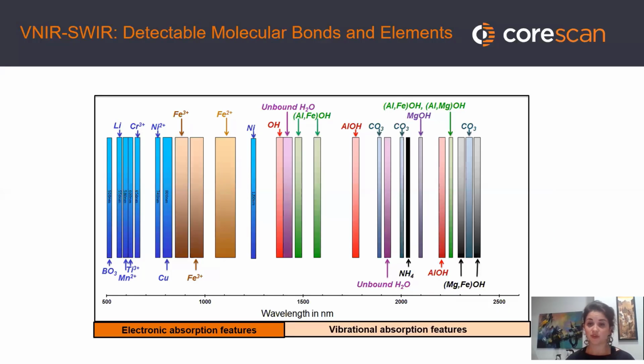For example, if you have taken a point where there is some carbonate, we're able to identify it because there are specific features, like the more famous one at 2340 nanometers, where these different absorption features diagnostically tell you that you have a carbonate here. And that's what's happening for many, many minerals.